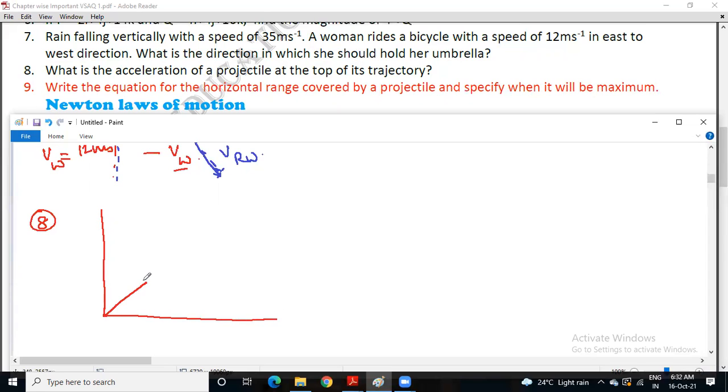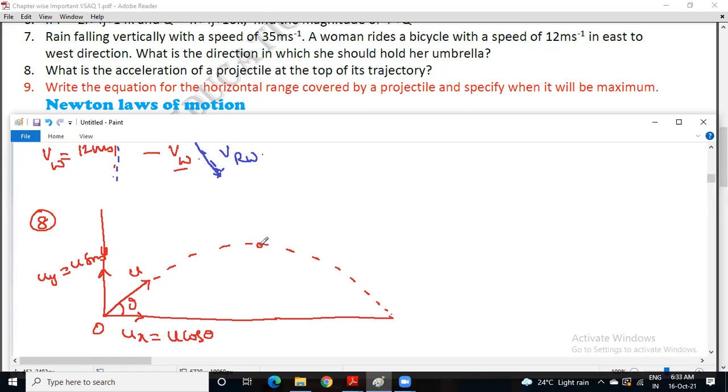When a ball is thrown like this, so this is a regular practice. You will get ux equal to u cos theta, the way we discussed just now, resolution of vector. Uy is equal to u sin theta. Now when a ball is thrown at an angle theta from a point on the ground O, it follows the parabolic path like this.